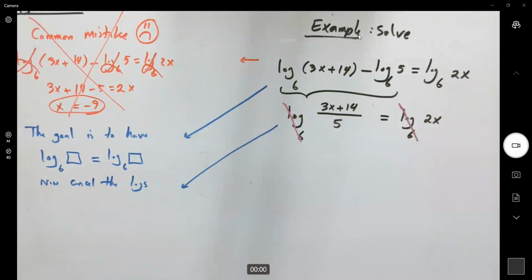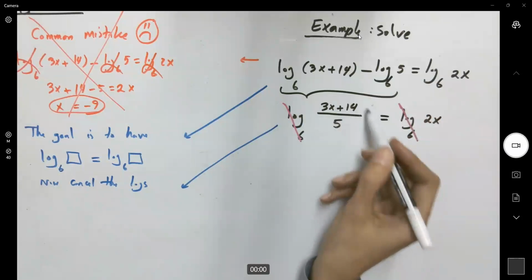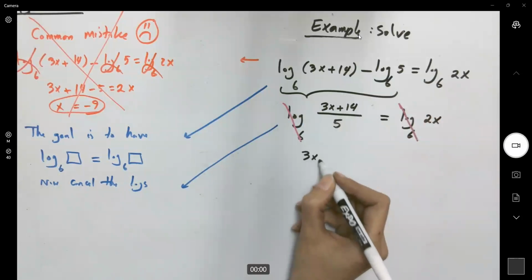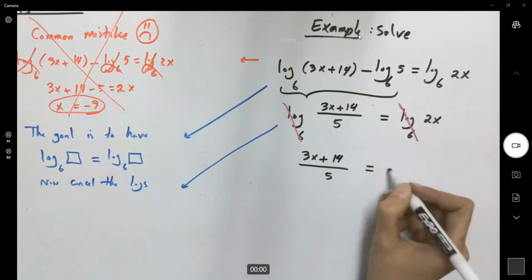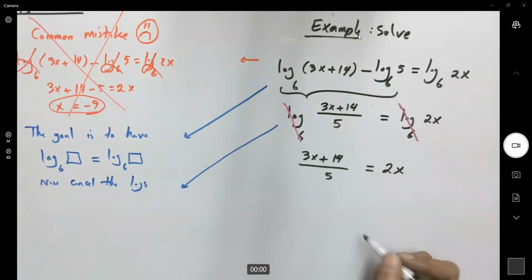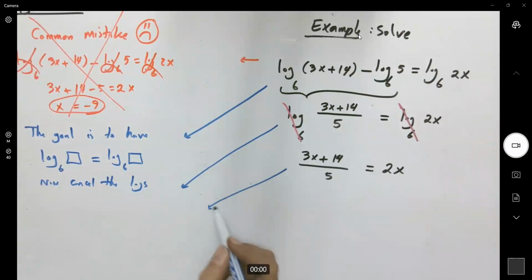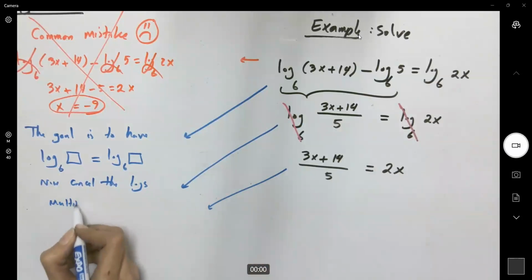What's left? I have a rational expression, 3x plus 14 divided by 5, equals a linear expression. How do I solve this? Multiply everything by 5, left-hand side and right-hand side.